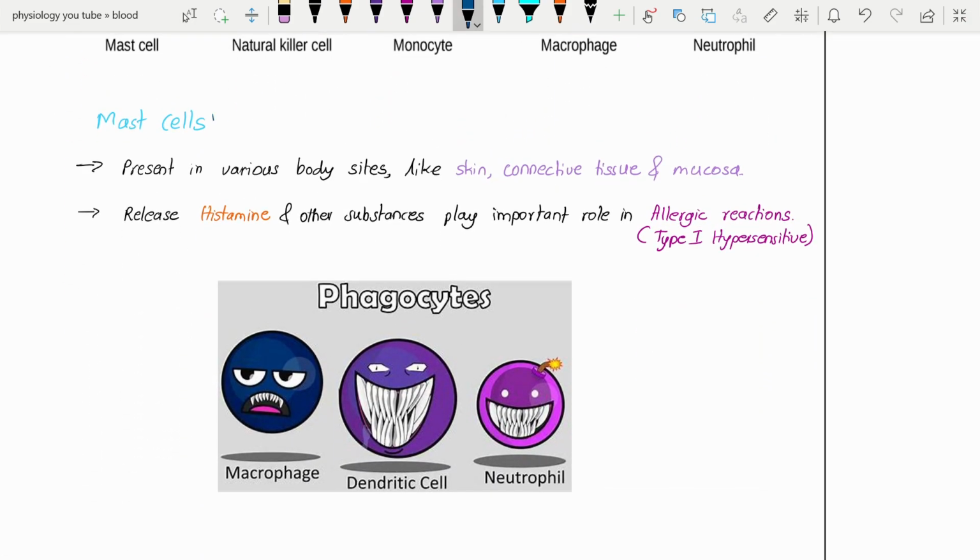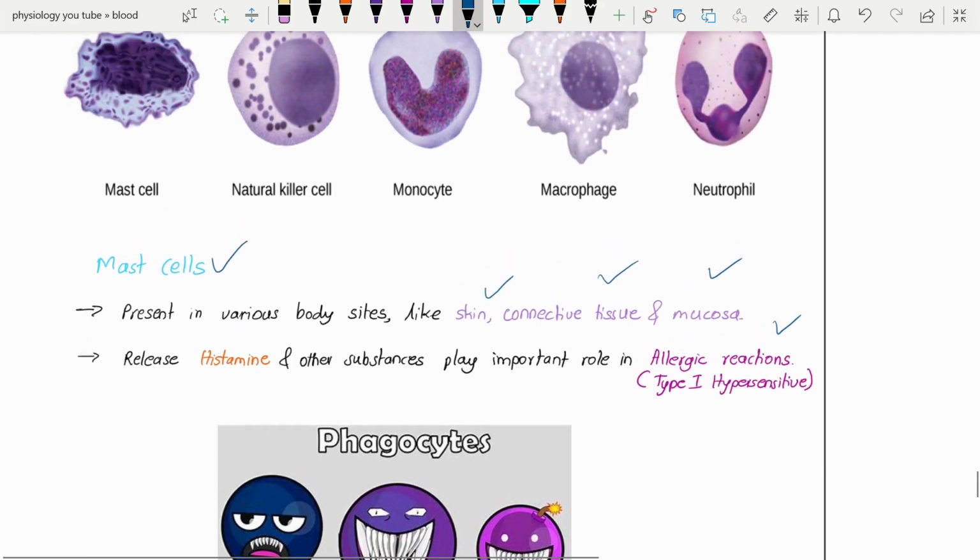And finally, the mast cells. They are present in various parts of the body like the skin, connective tissue, and mucosa. They also release histamine like basophils and other substances, and play an important role in allergic reactions, mainly type 1 hypersensitivity reaction.